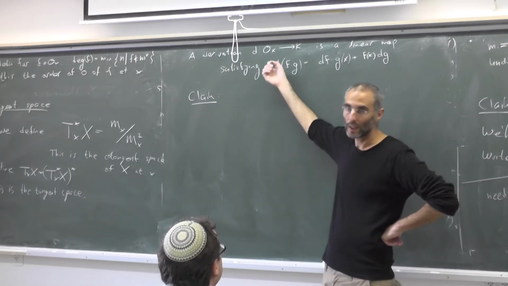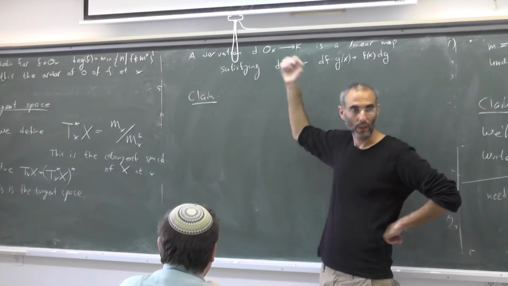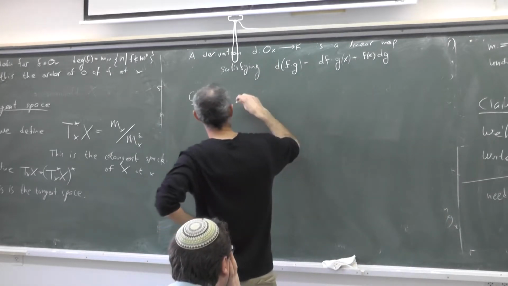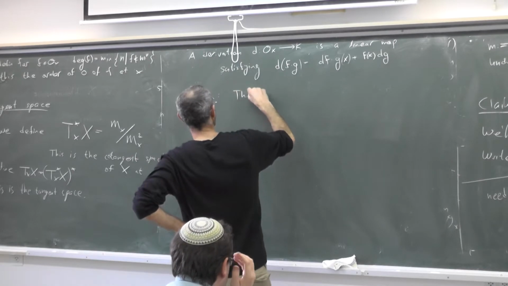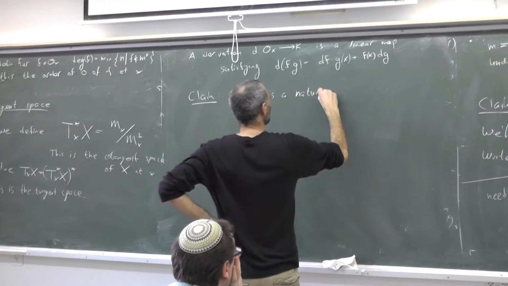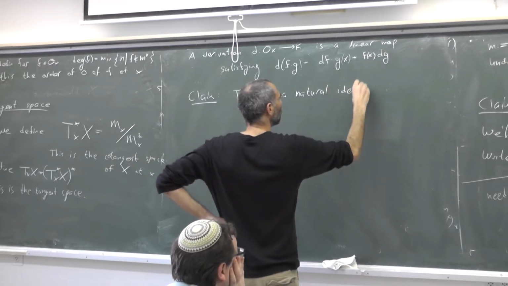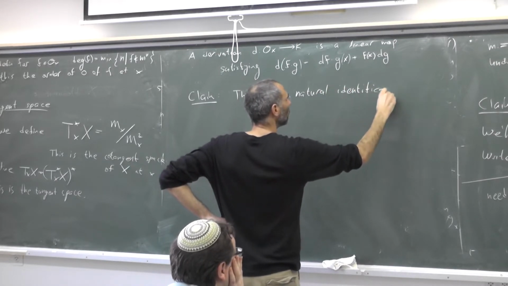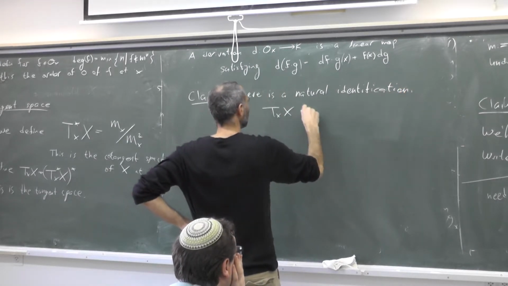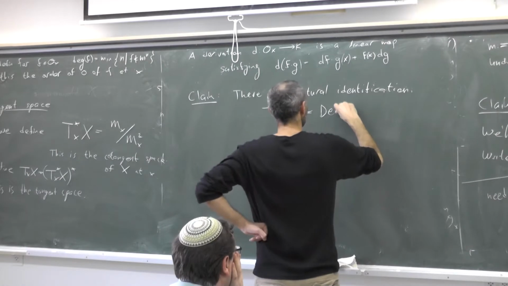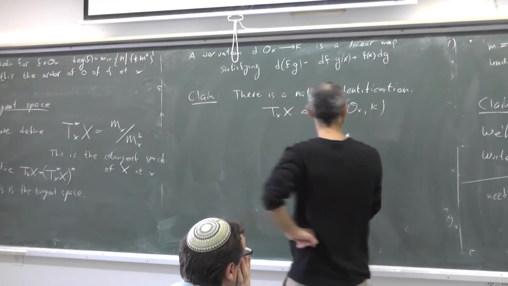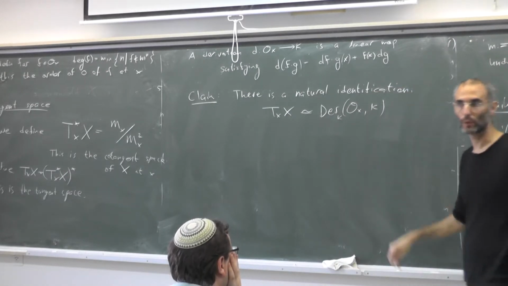So this is really how we think most of the time about the tangent space, and this is what the claim says. There is a natural identification of Tx with all the derivations over k from OX to k. And you understand what I mean by this? It's the space of all derivations.